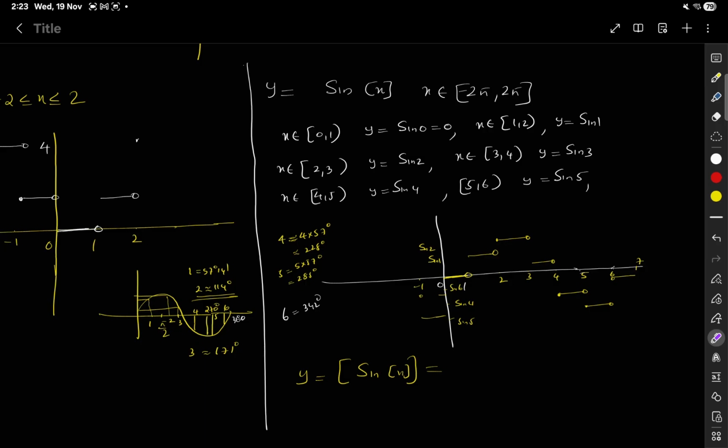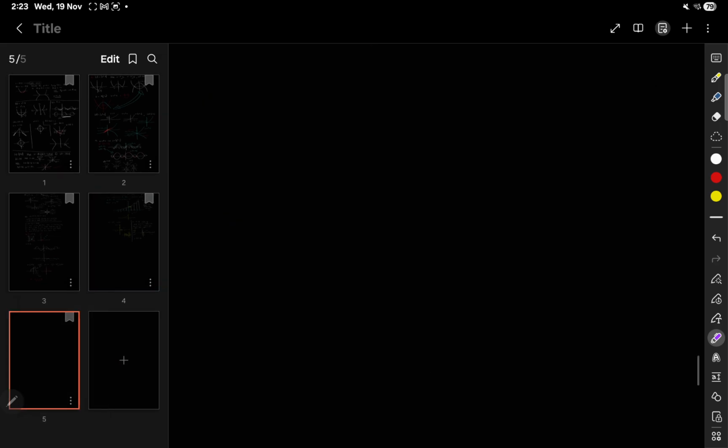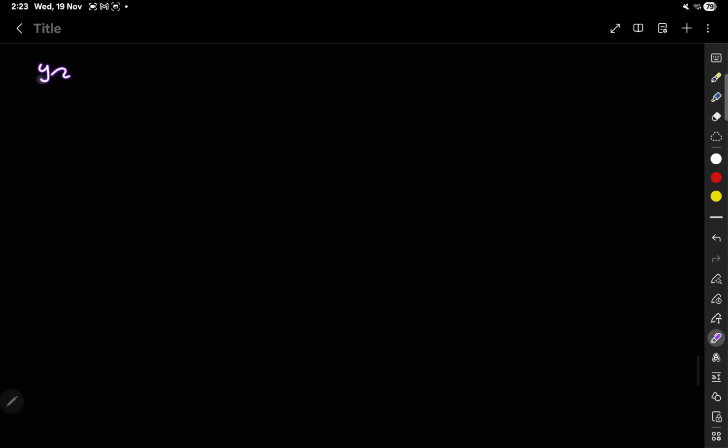The next transformation is y equal to f of x transforms to step y equal to f of x. This kind of graphs. Okay. So what we need to do is, first we should draw y equal to f of x. Then you see the left side, LHS. LHS is an integer, correct?